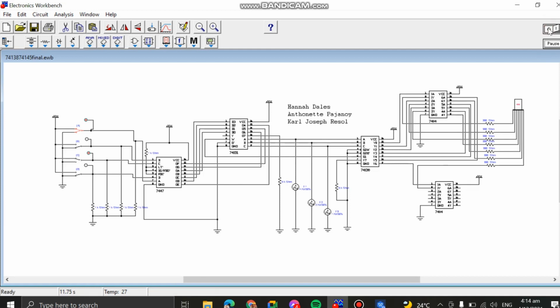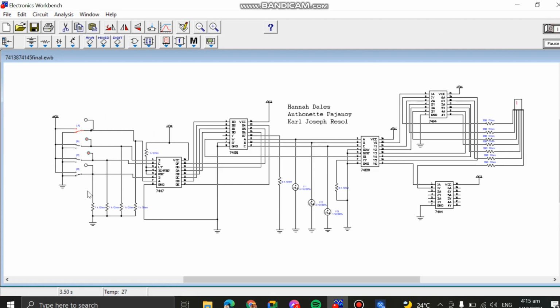For number 6, the high configuration is at letter B and C. We put it in this simulation and this is how it looks, where you will be seeing number 6. The active segments for number 6 are A, C, D, E, F, G.